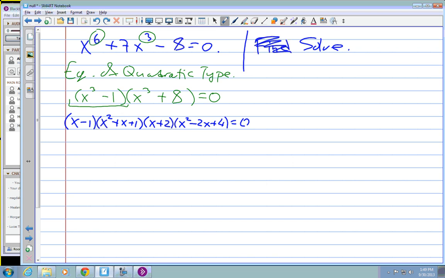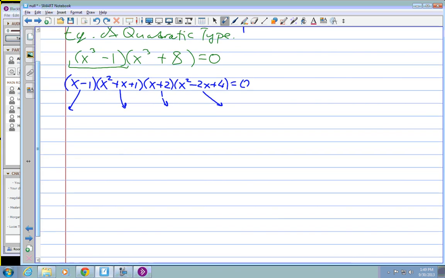But those are quadratic. I can solve them by using quadratic formula. Right? But at this point, I have a product of 4 factors. And I can set all of those factors equal to 0.